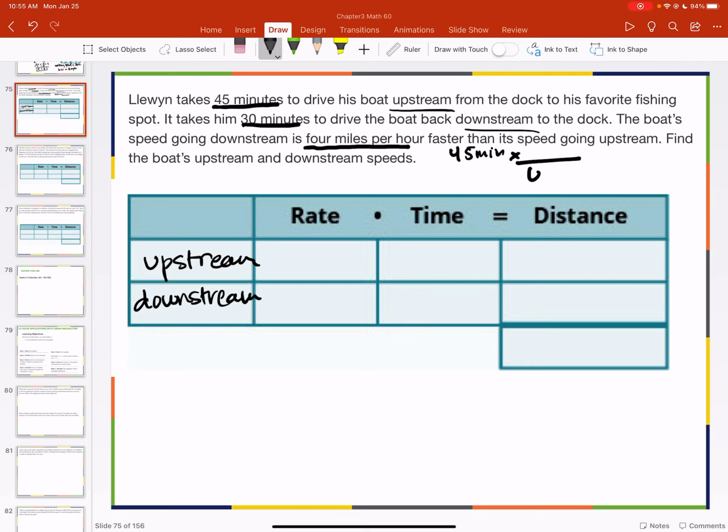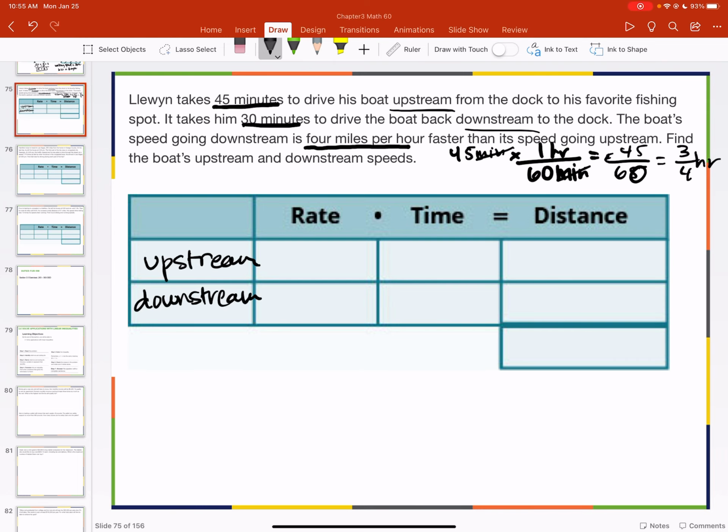How we do that is we multiply by the fraction 1 hour equivalent to 60 minutes. So basically you're multiplying by 1, but that changes the units to hours. So 45 over 60, which is 3/4 of an hour.